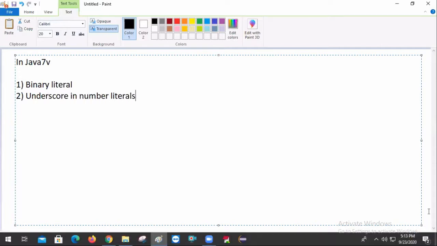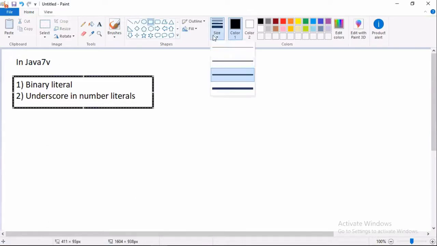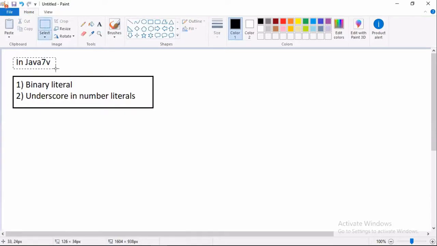Binary literals are not available in Java up to Java 6, and underscore in number literals is introduced from Java 7.